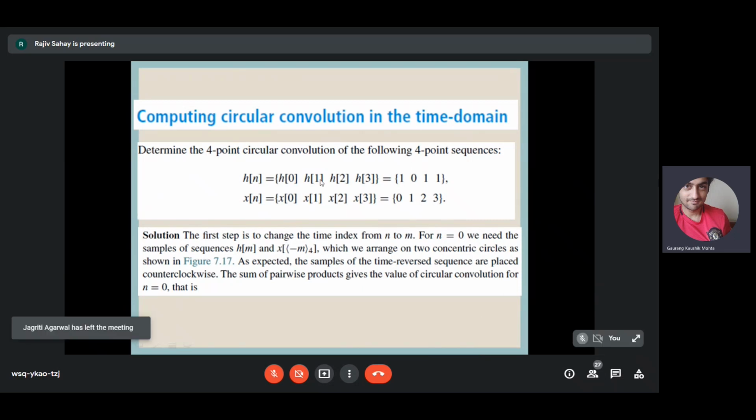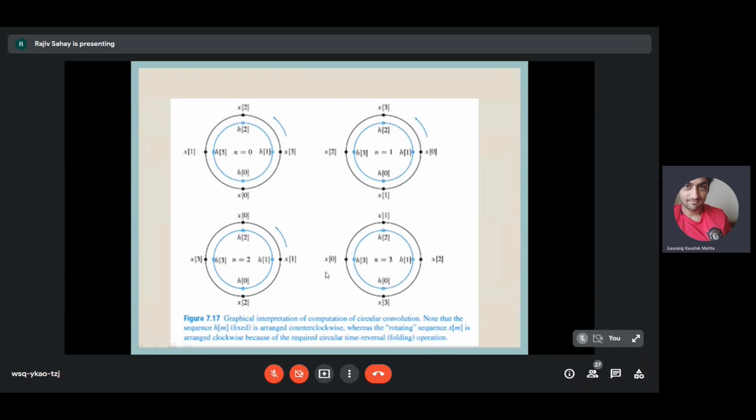So the first step to do circular convolution is to change the time index from n to m. So for n equal to 0, we want to write h of m and x of minus m modulo 4. So we will arrange them on two concentric circles something like this.